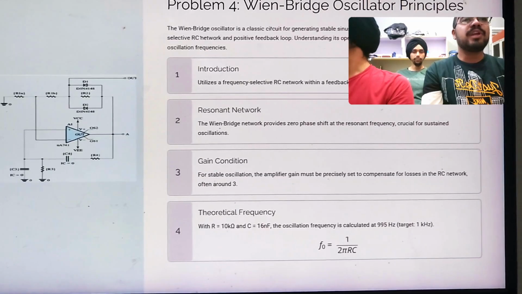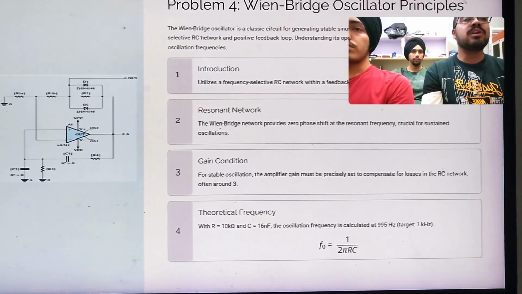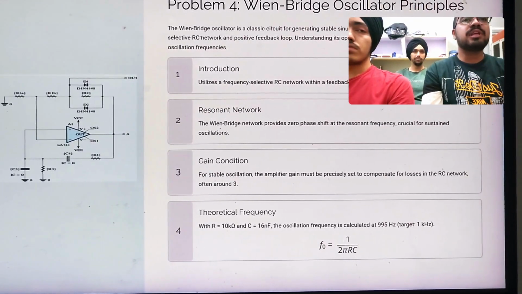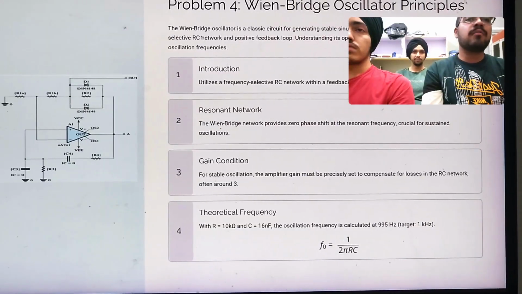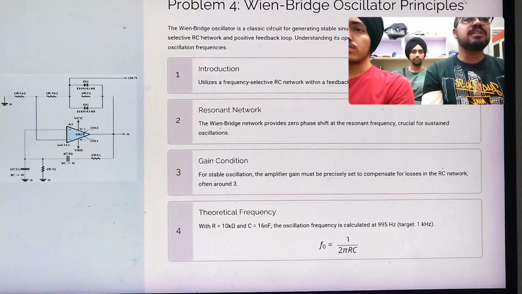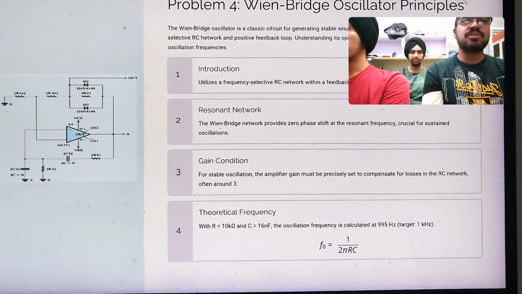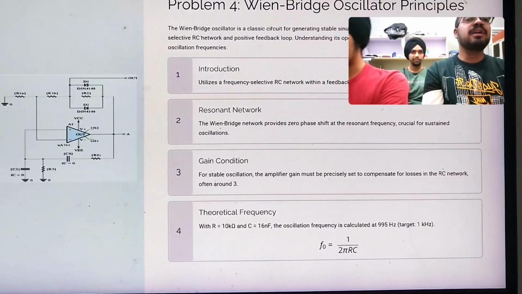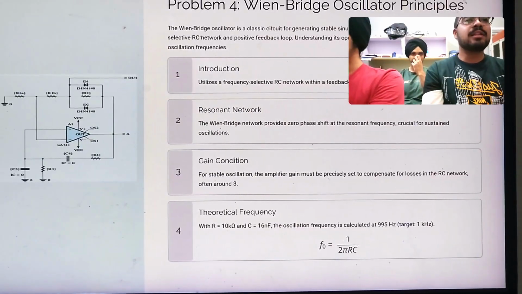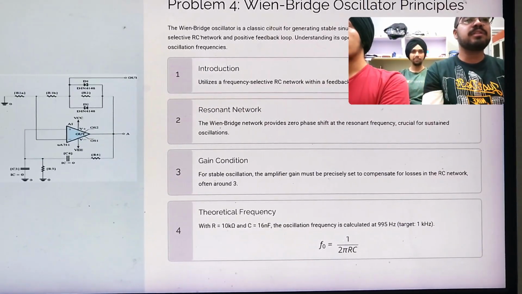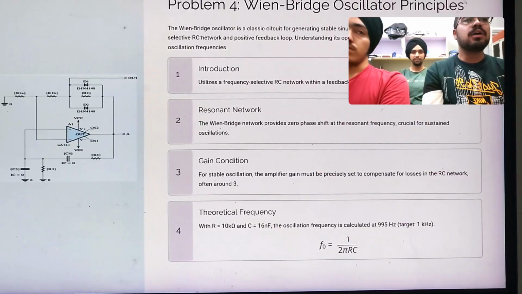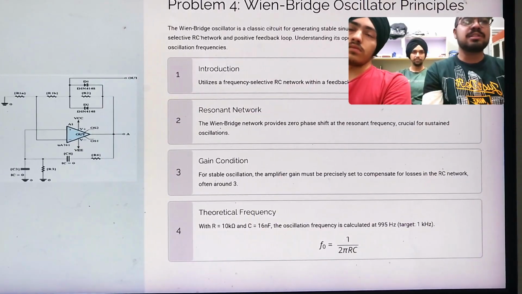Understanding its operational principle is key to achieving the desired oscillation frequency. It utilizes a frequency-selective RC network with a feedback loop to generate stable sinusoidal waves. In the resonant network, the Wien bridge network provides zero phase at the resonant frequency, crucial for sustained oscillations.